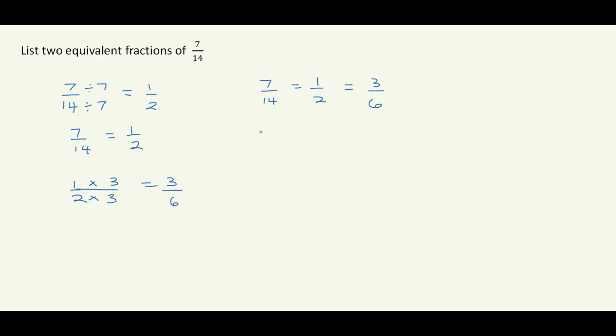We can also multiply 7 over 14 by 2, the numerator and denominator. So we have 14 over 28. So 7 over 14 is equal to 1/2, which is equal to 3 over 6, which is equal to 14 over 28.